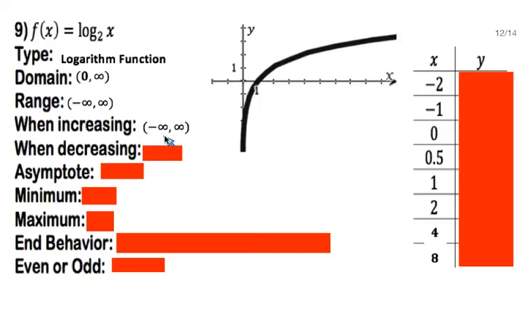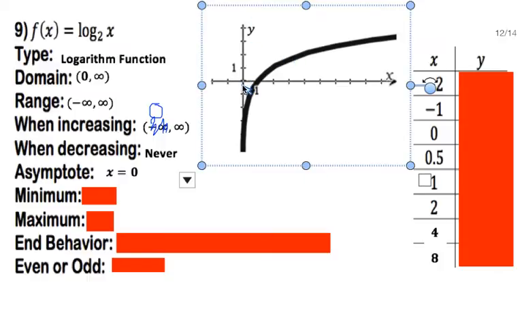Let me see, why did I put, you know what, that should be a 0. Okay, sorry, that should be a 0 right there. It's increasing from 0 to positive infinity because it's undefined when it's a negative power. And then it's never going to decrease, and the asymptote is at x equals 0.